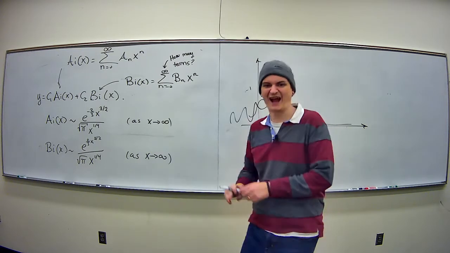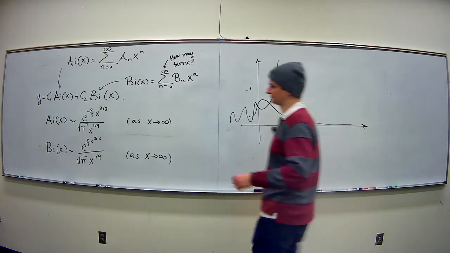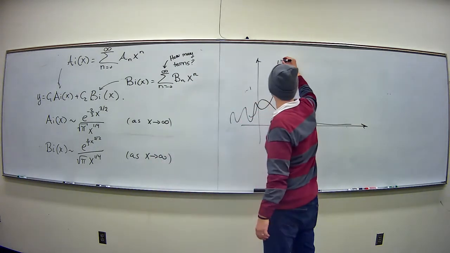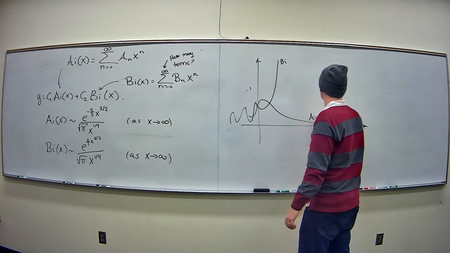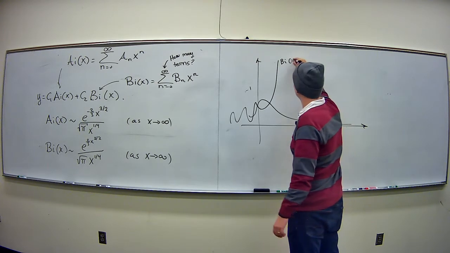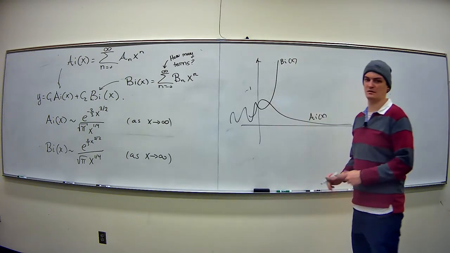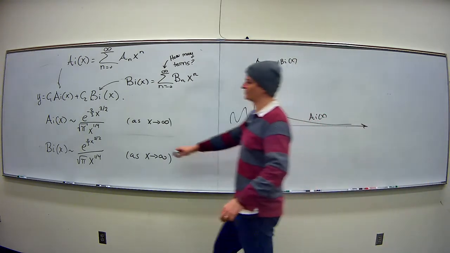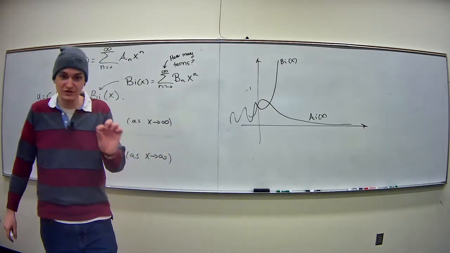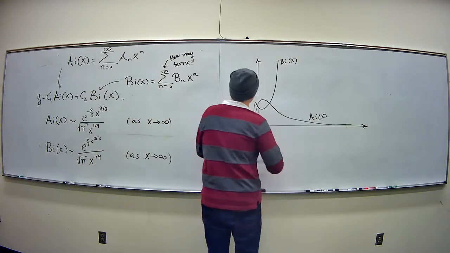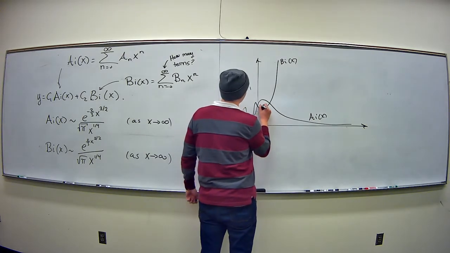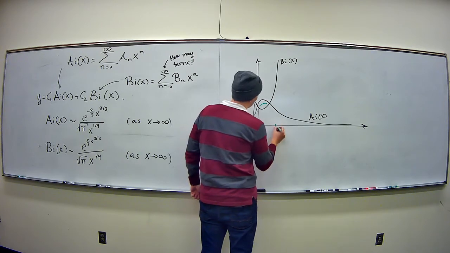So this is what they actually look like. I think this is the Bi. And then actually just using this one term asymptotic expansion, it ends up that it's not the best approximation around here.